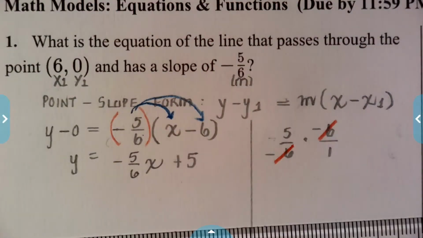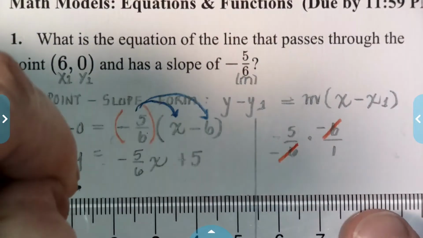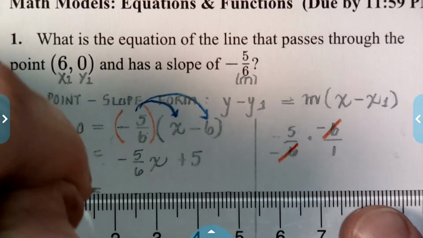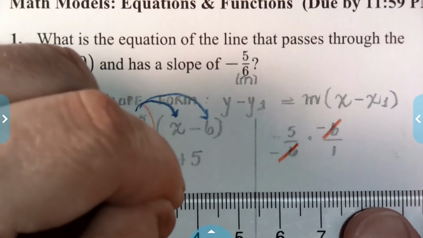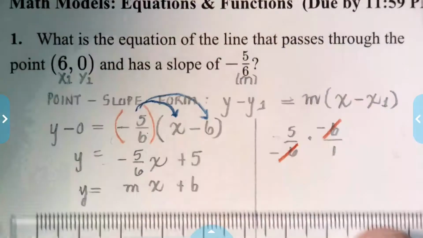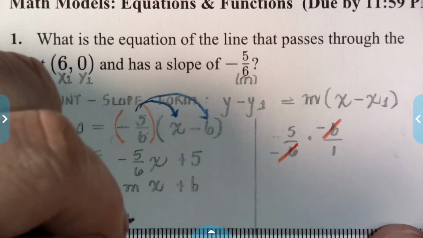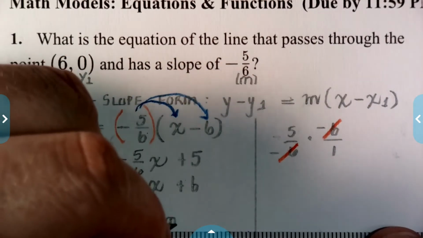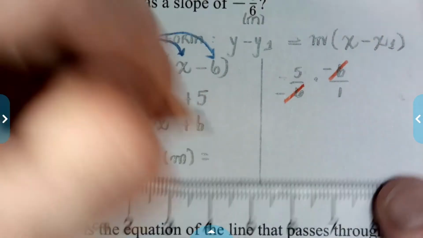And that is the answer because it's an mx plus b form. y equals mx plus b. So in this case, the slope m was given to us as negative 5 over 6.